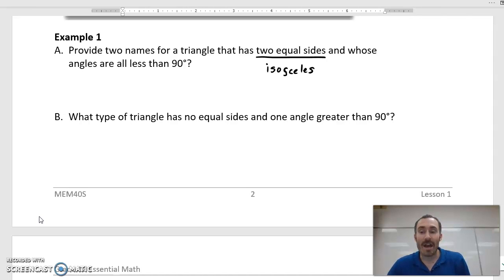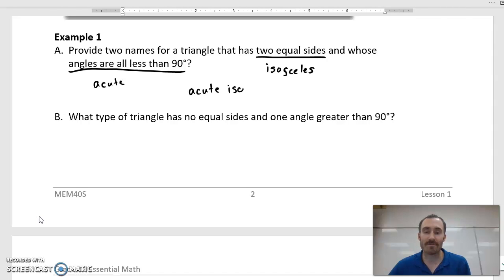And when all the angles are less than 90 degrees, you can look above and check out what that means. But that's an acute triangle. So we would call this an acute isosceles triangle. Or acute isosceles. That's really wrong. Don't say that to anybody.